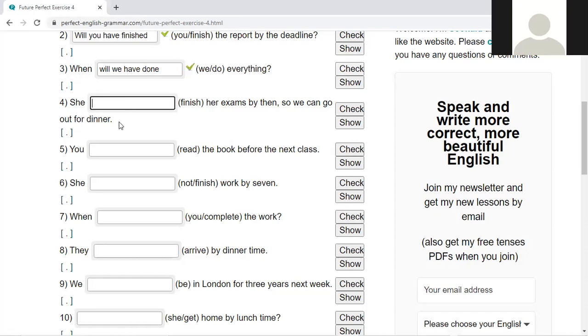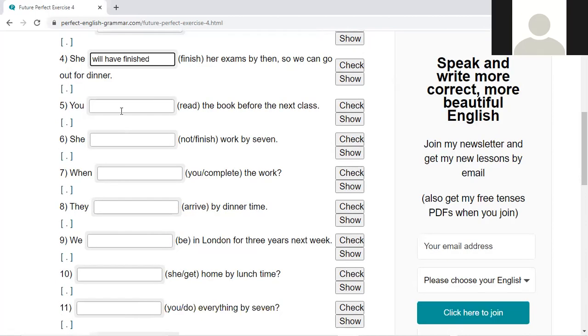Let's continue. Okay, she will have finished her exams by then, so we can go out for dinner. All right, very good. Okay, number 5.